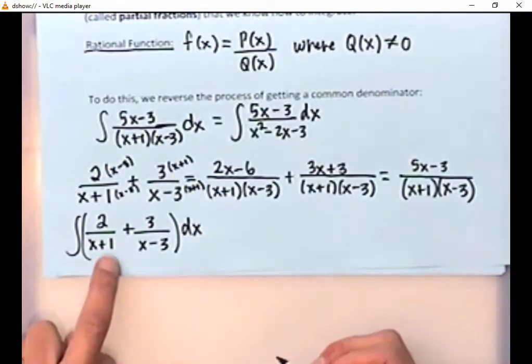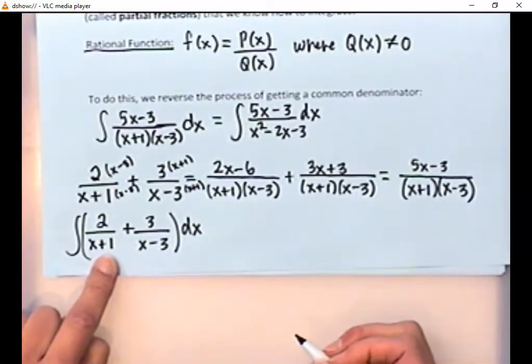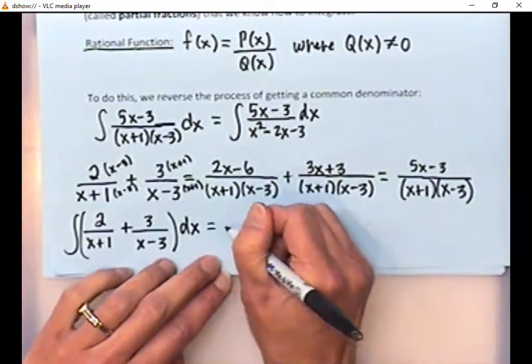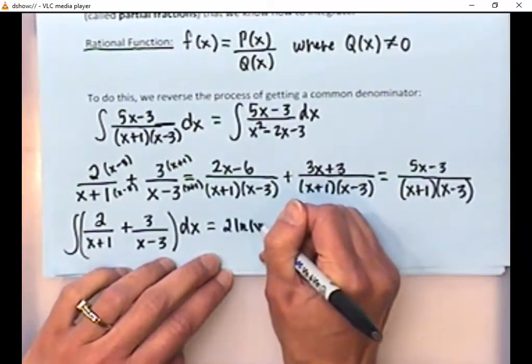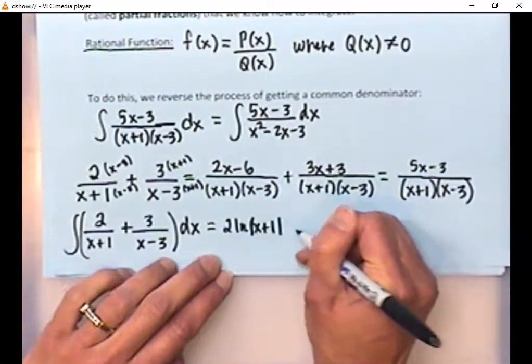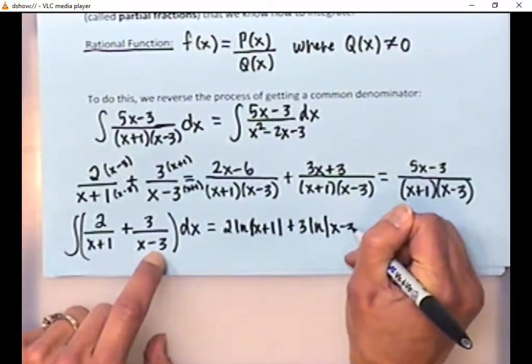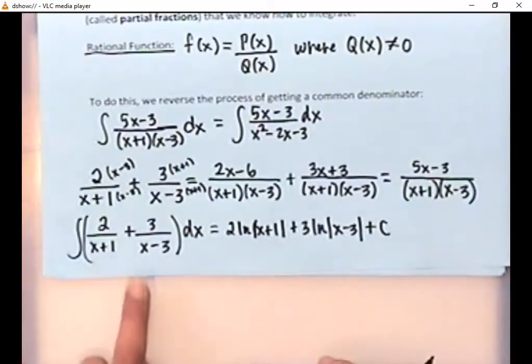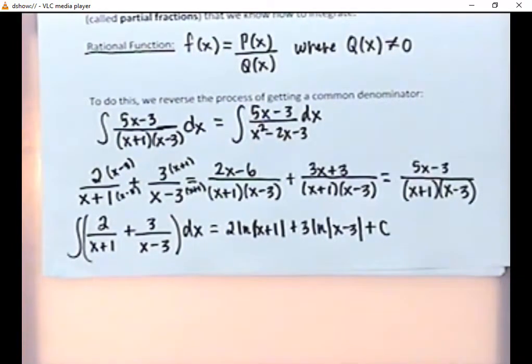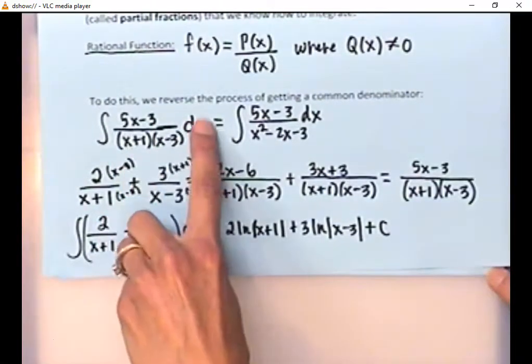It would be some sort of natural log, right? Natural log of x plus 1. In fact, it would be 2 natural log of x plus 1, right? And this would also be a natural log, a 3 natural log of x minus 3. So this form is much easier for us to integrate, but most of them start out like this.